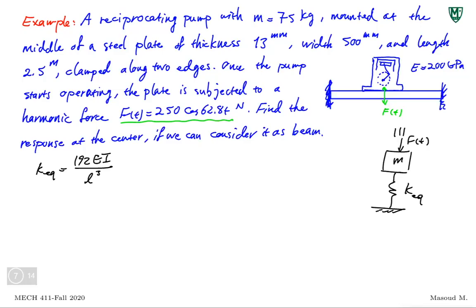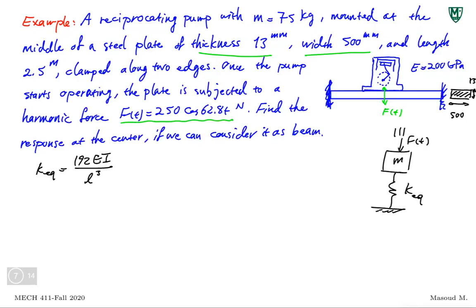I need to know the information about the cross section. I'm told thickness is 13 millimeters and width is 500 millimeters. So the cross section, I know the width is 500 millimeters. I ignore the unit here to make it more clear, and this is 13 millimeters. This is a rectangular cross section.